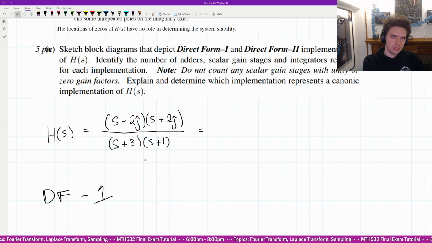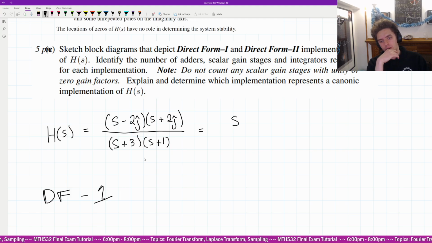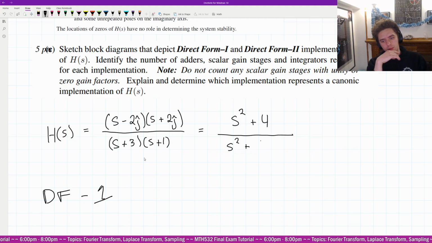I got to get this into a standard form for all the polynomials. The top is going to be s squared plus 4, and the bottom is going to be s squared plus 4s plus 3. Great. That's important. Now what we got to do is divide everything by s squared.